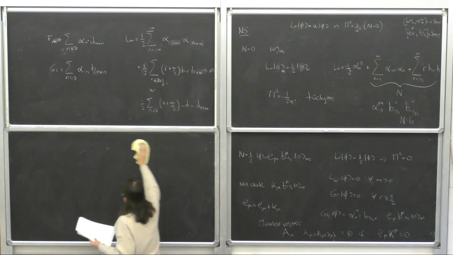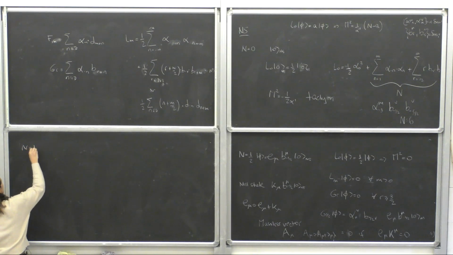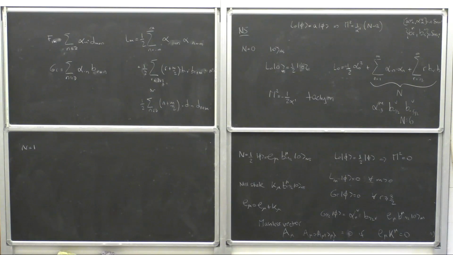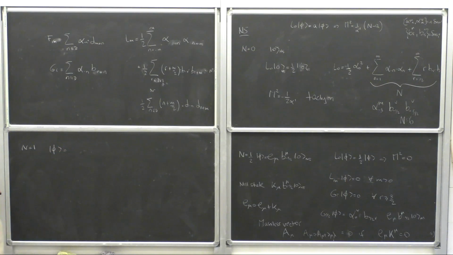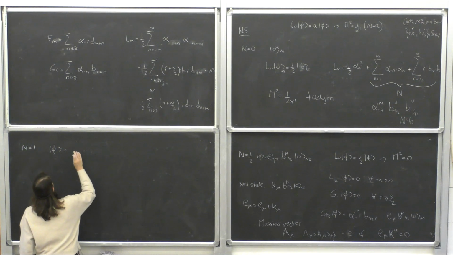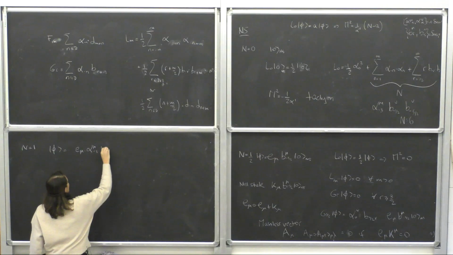And if I go one more level, though I'm not going to do the physical state conditions, we can count the number of states by doing this light-cone thing. But what states do I have at this level? So phi equals E_mu alpha^mu_{-1}|0, k>.